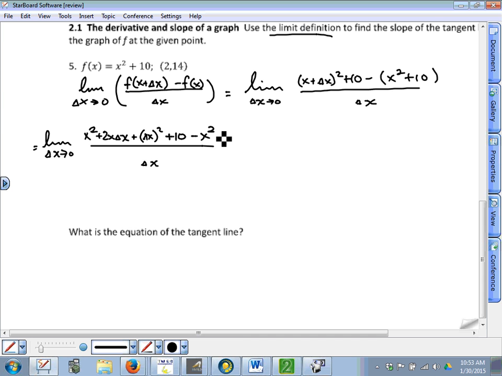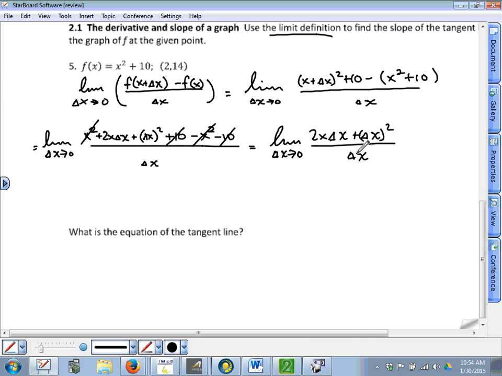So minus x squared minus 10. So a lot of things cancel here. Plus 10, minus x squared, positive x squared. So we have the limit as delta x approaches 0 of 2x delta x plus delta x squared over delta x.